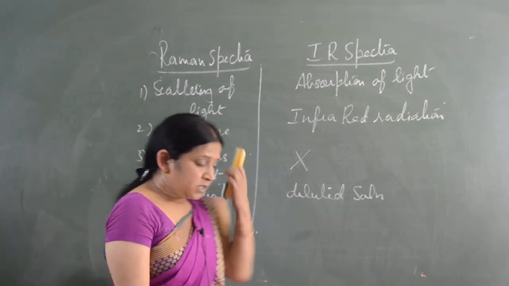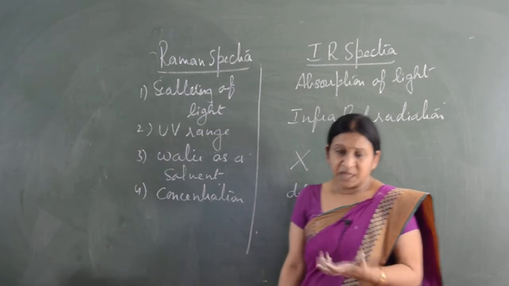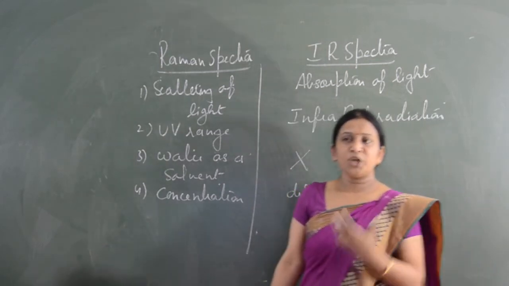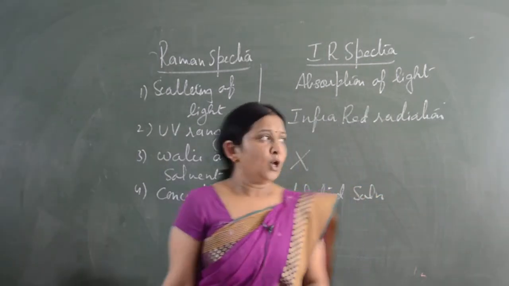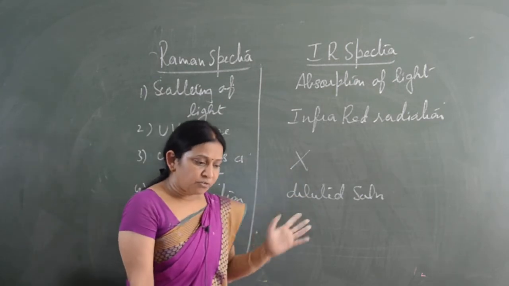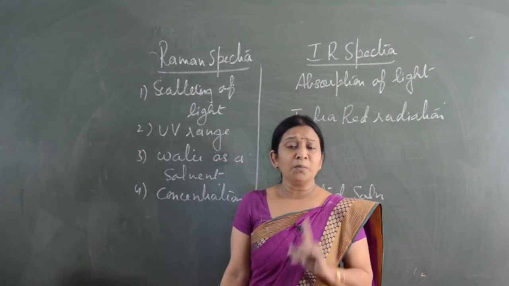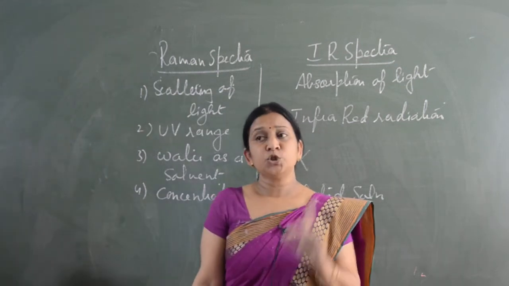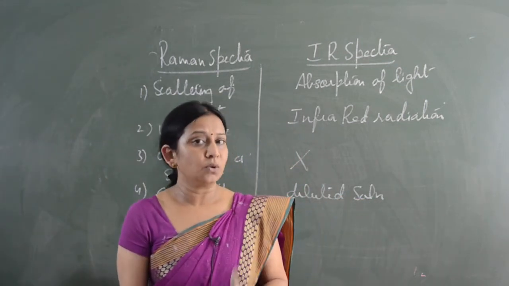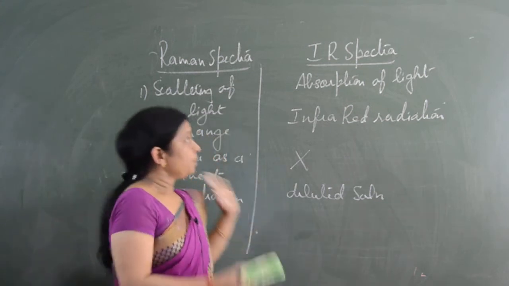The basis of Raman spectra is the change in polarizability, whereas the basis of IR spectra is that the molecule should have permanent dipole moment, which should change when the molecule undergoes vibration. So that is a difference.